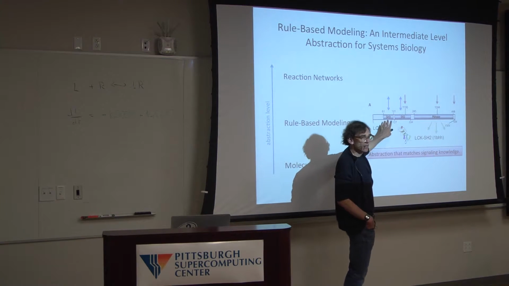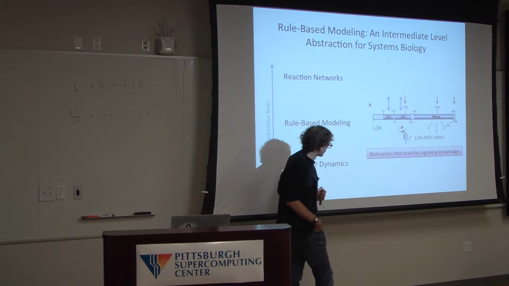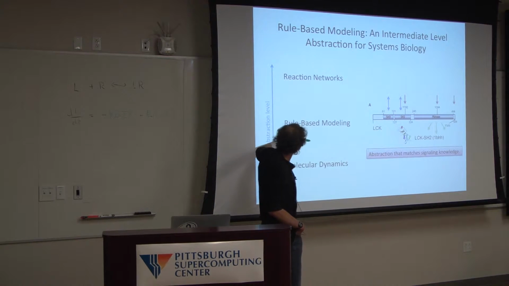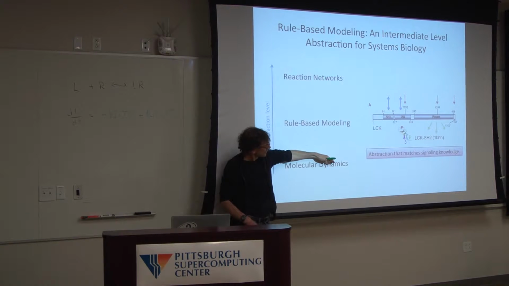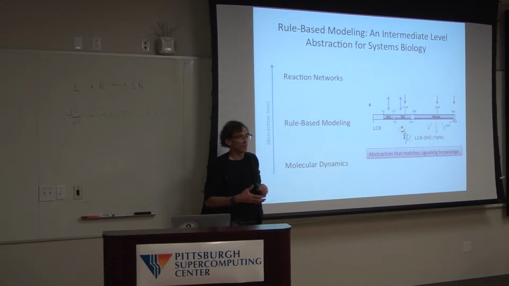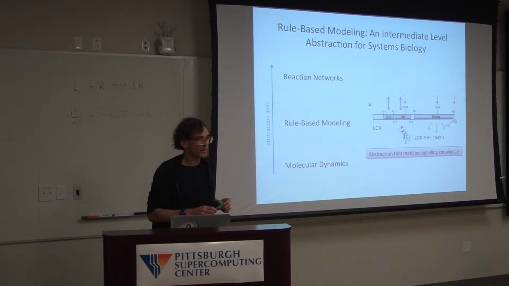And all of those can be concisely represented in the form of rules. So this sort of middle layer allows us to connect knowledge of structure to signaling in a network context. That's the key point.